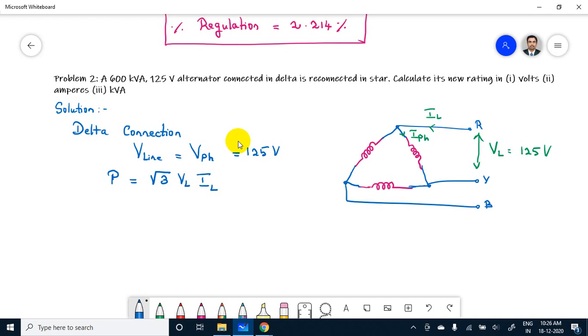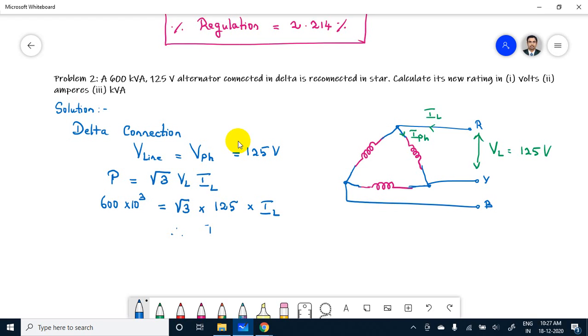So power equal to root 3 into VL IL. The power is given, 600 kVA. 600 into 10 power 3 equal to root 3 into 125 into IL.